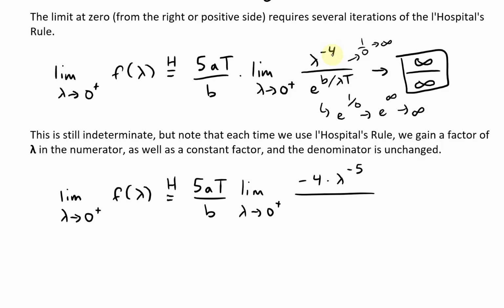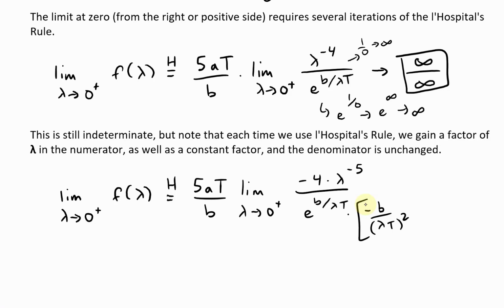Then divide by the bottom, which, using the same exponential rule for a derivative and then the chain rule, is going to be a e to the b over lambda t times, by the chain rule, negative b. This is divided by lambda t, or in other words multiplied by lambda t to the power of negative 1, and then it's a lambda t squared.